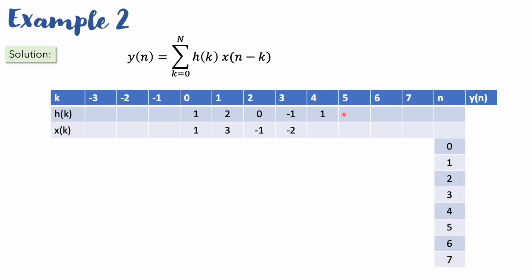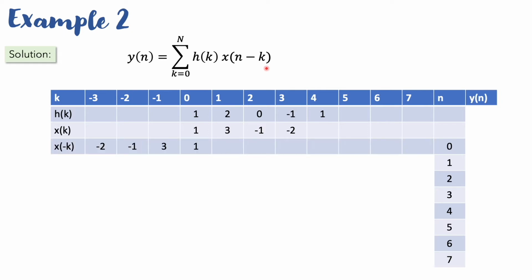Now we have to start solving it. First we will achieve x minus k by flipping it. When we flip it, the sample which was at 1 will go to minus 1 here. This one is at sample position 2, it will go to minus 2, and this one was at sample position 3, it will go to minus 3.